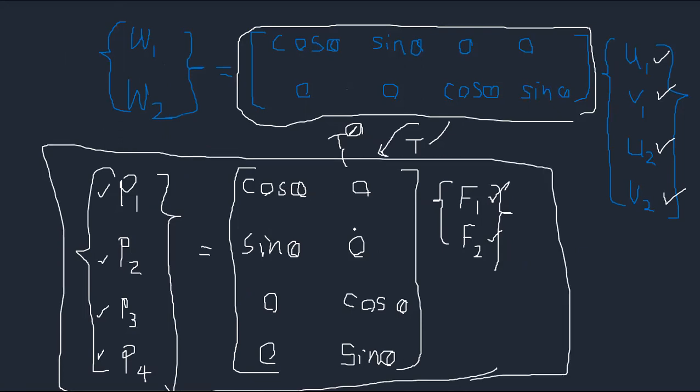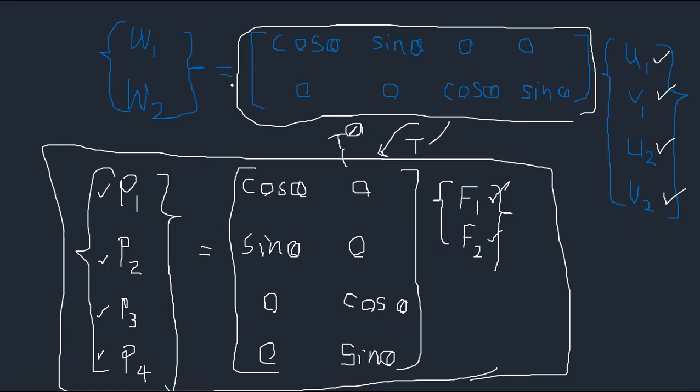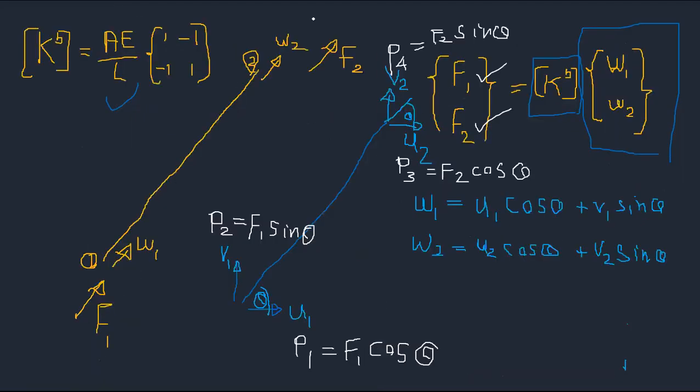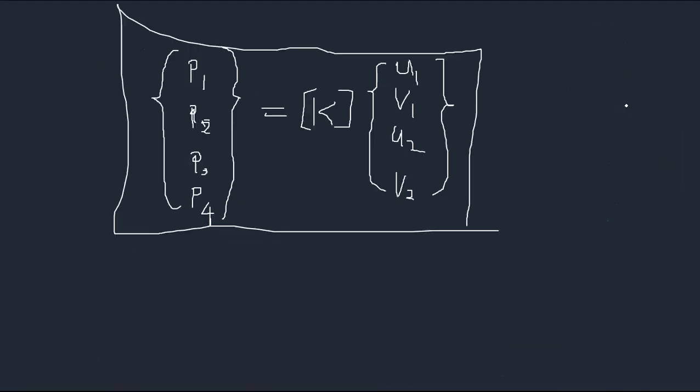I'll call this T dash. So I'll call this P matrix equal to T dash into F matrix. But the F matrix you can write as this K B into W matrix.